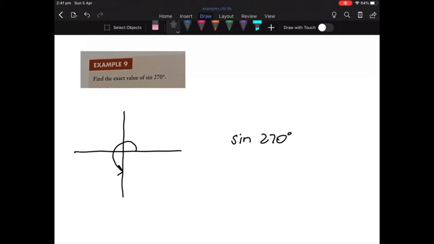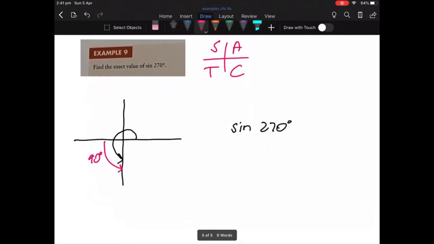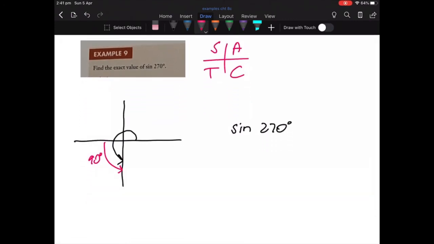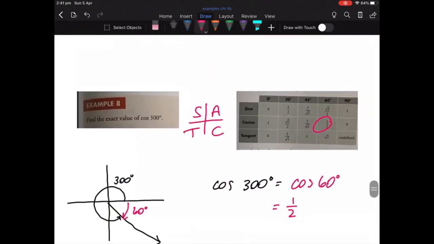All right, so what we want to know is, we're looking from this distance to the x-axis there, which is, of course, 90 degrees. I'll draw this again for you. S, A, T, C. So down in this third quadrant here, sine is negative. So that means sine of 270 is equal to the negative sine of 90 degrees.